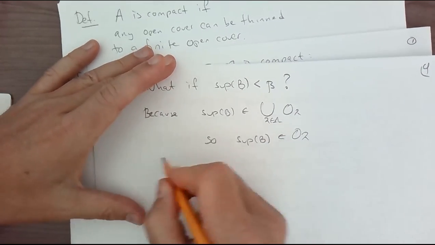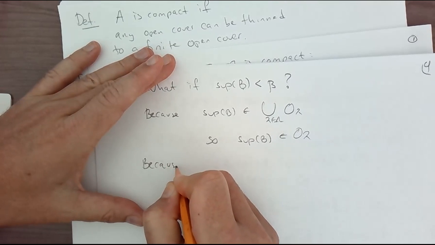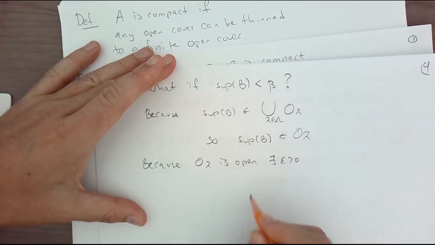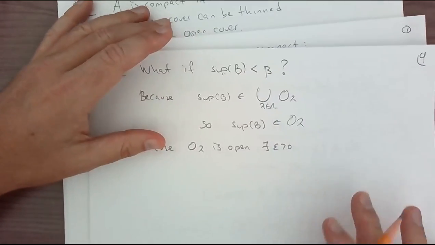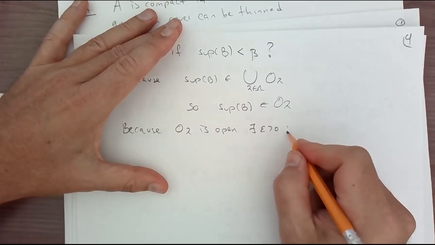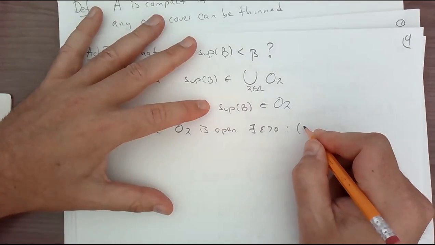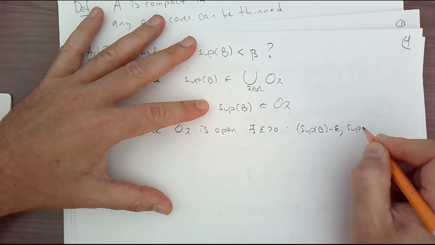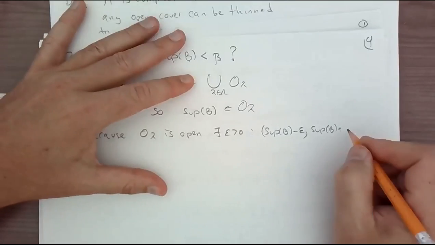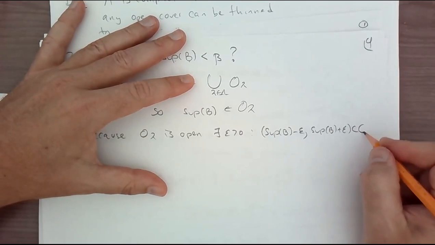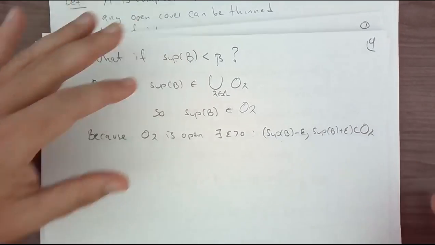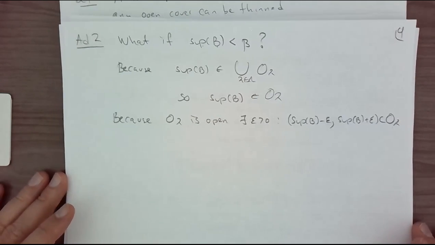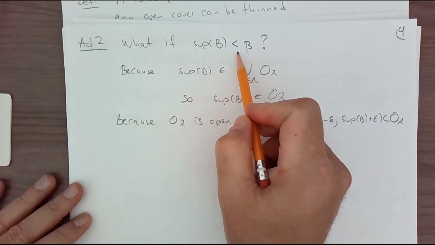So now we're going to use, because O lambda is open, we can put a little epsilon around the point and then stay inside it. Right? So there exists one of these so that when I look at the open interval from sup and go a little bit back to epsilon and then a little bit up, I'm going to be inside that open set. And then what? Well, now we come to the time where we use this property here.